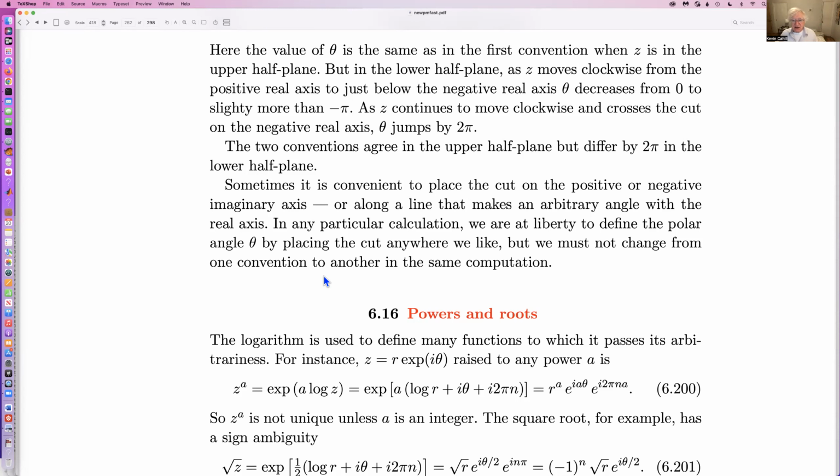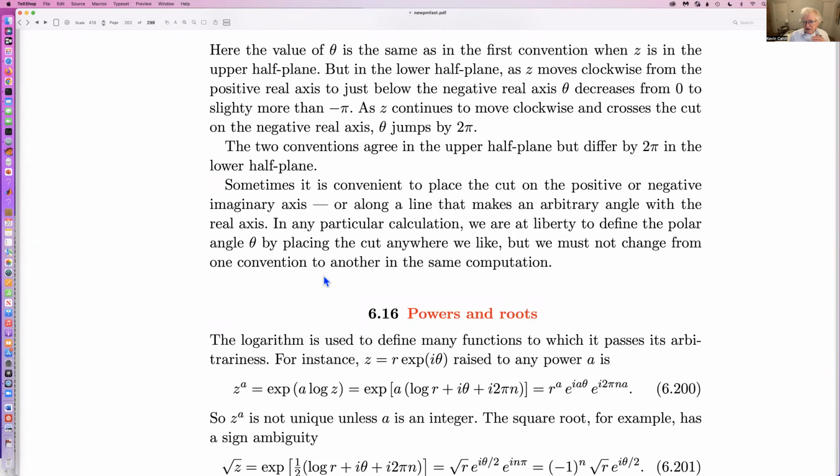And then as z moves clockwise and crosses the negative real axis, it jumps by 2 pi. It goes from minus pi to pi. And these two conventions agree in the upper half plane, but differ by 2 pi in the lower half plane.